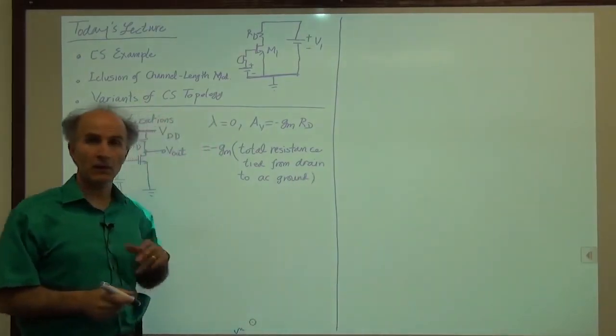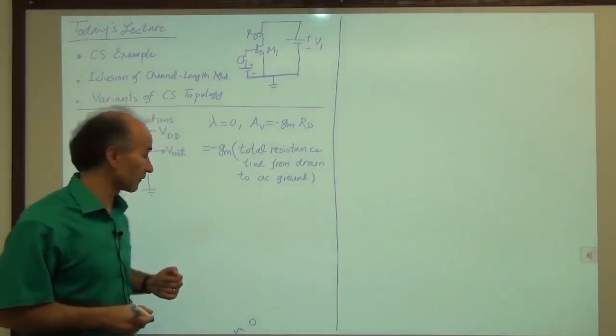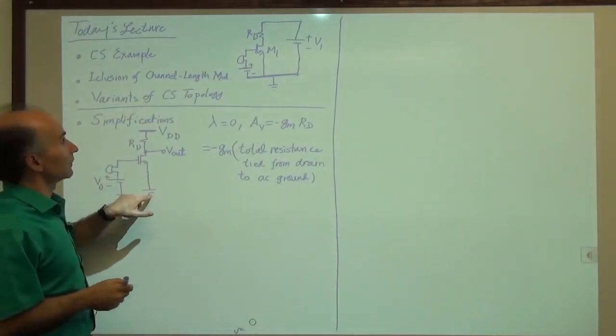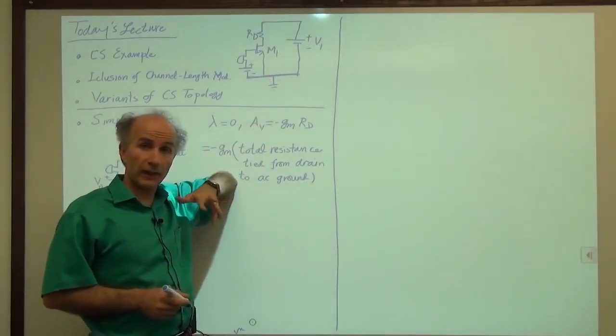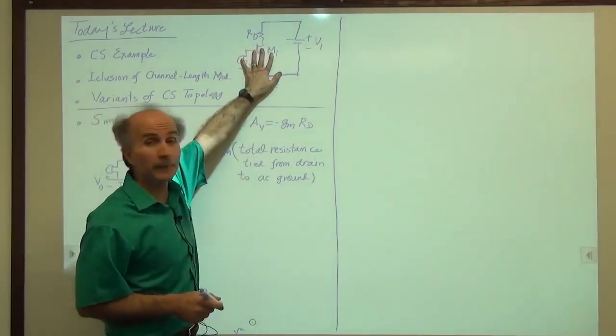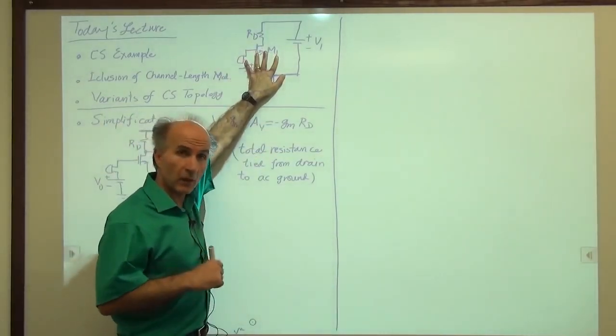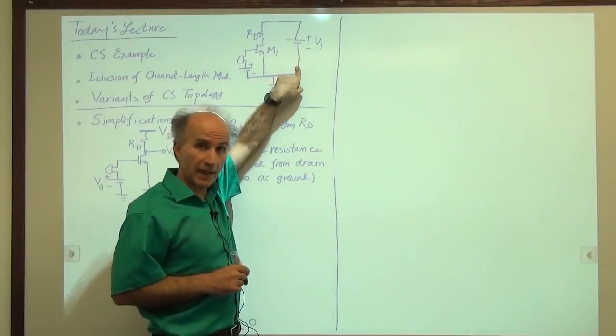AC ground means all grounds that we have. Some of the grounds are hardwired. They're already there. For example, this is a hardwired ground. We had it from the beginning. But some grounds are AC ground, meaning that they did not appear in the original circuit. But when we derived the small signal model, we ended up grounding this top terminal, if you remember from the last lecture.